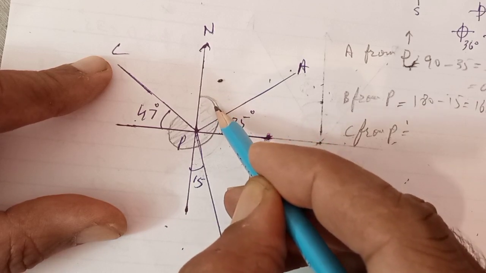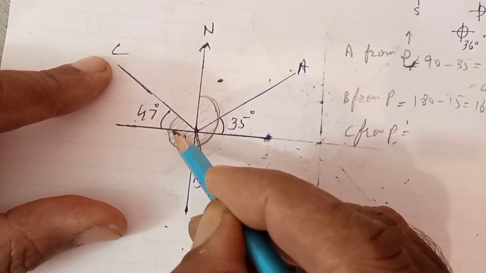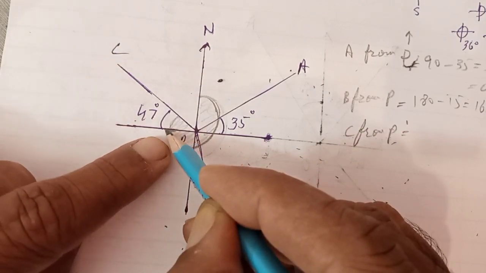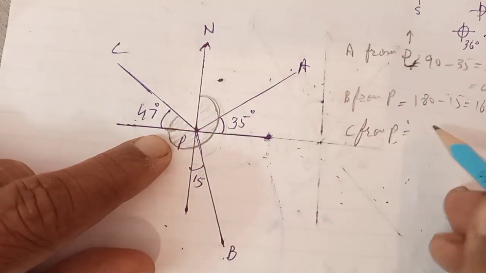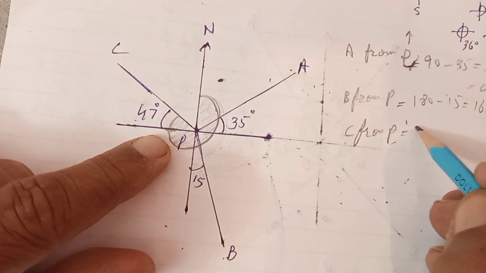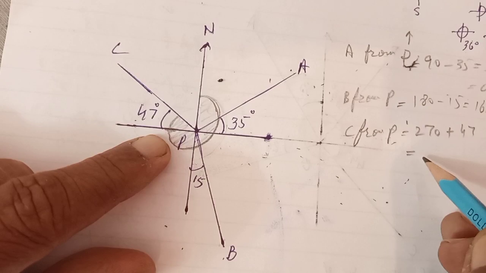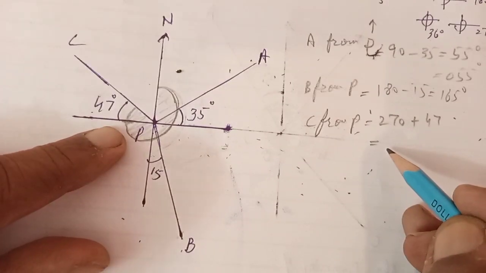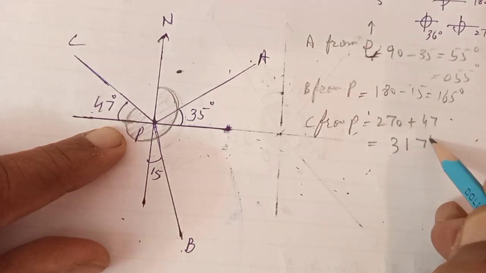Look at, when you move 90, 180 and 270. Over here is 270. Further, when you move 47, you will get the bearing of C from P. Now you have to write over here 270 plus 47. The bearing of C from P is now 317.